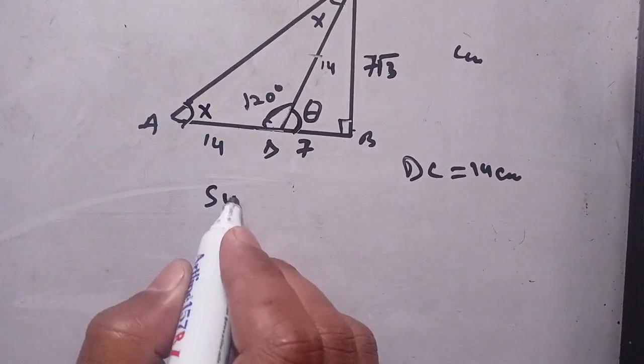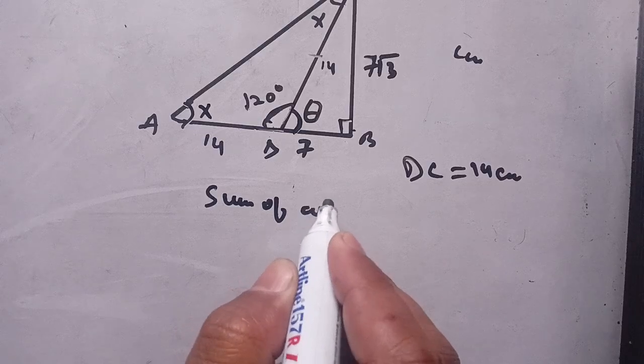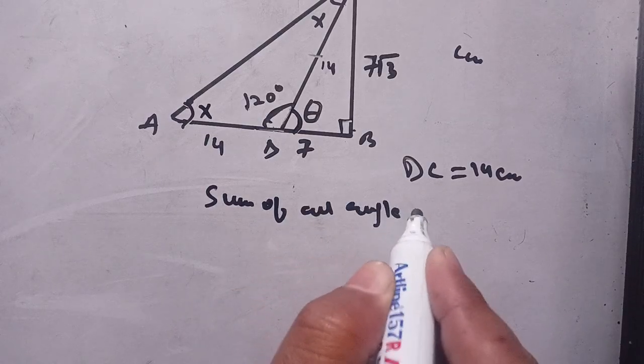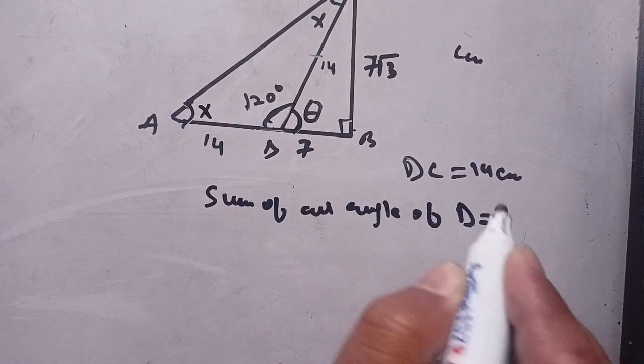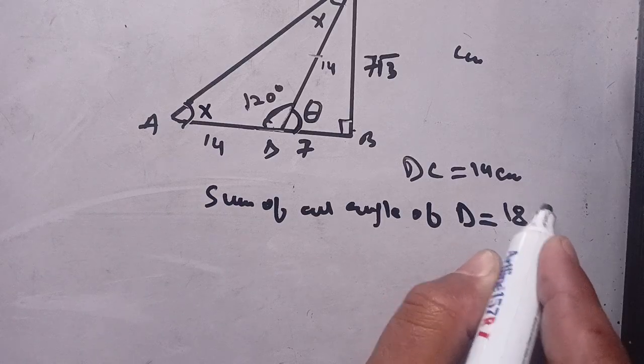Now, we know that the sum of all angles of a triangle is equal to 180 degrees.